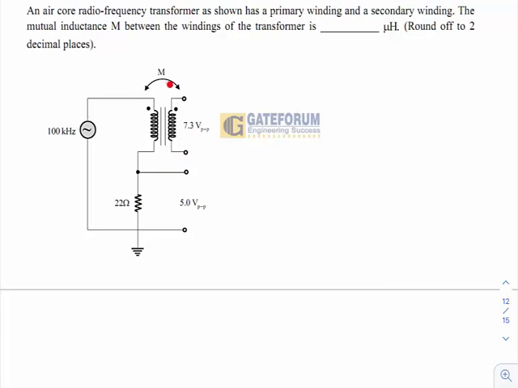Okay, they are asking what will be the mutual inductance, and they have already given the peak to peak voltage of the secondary winding and the peak to peak voltage of this resistance branch.